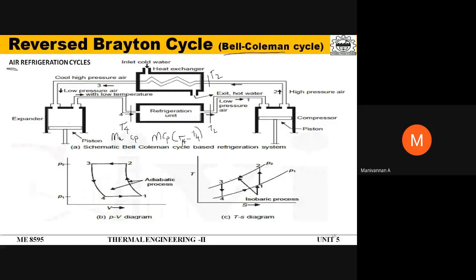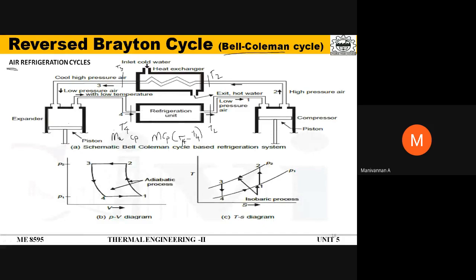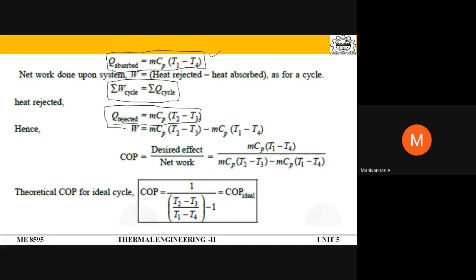So the heat lost in the heat exchanger is m Cp into T2 minus T3, which is the amount of heat rejected in the heat exchanger.